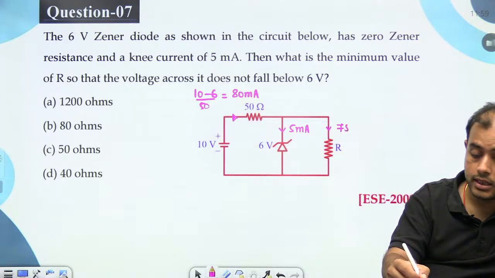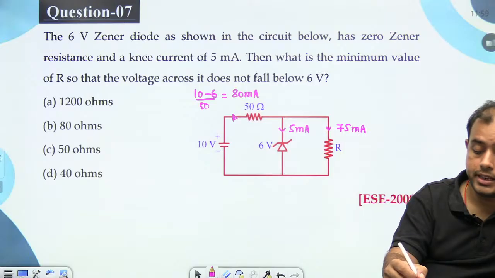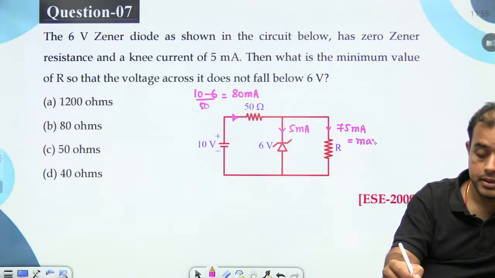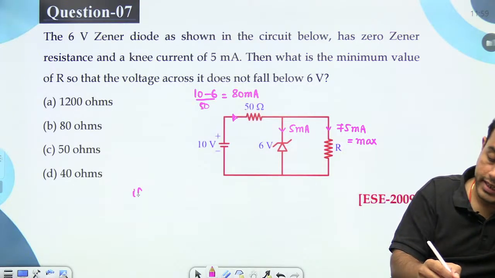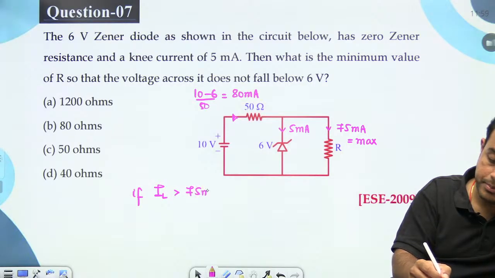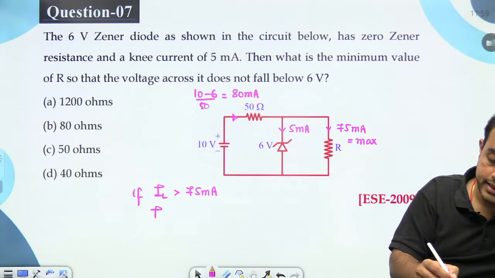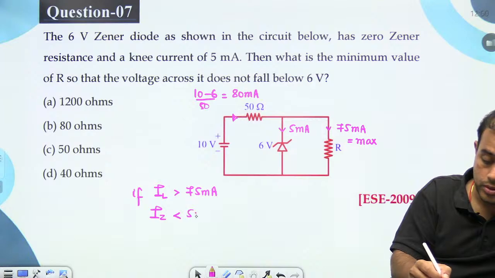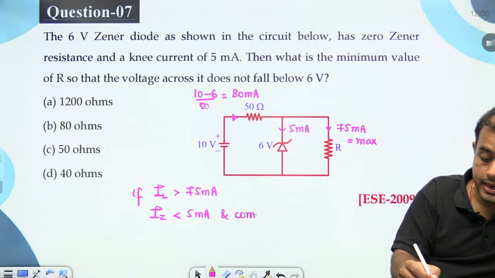So current in the load resistance 75 milliampere maximum. Okay. So if load current is greater than 75 milliampere, basically Zener current goes below 5 milliampere and comes out of breakdown region.